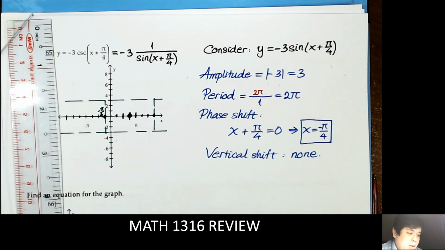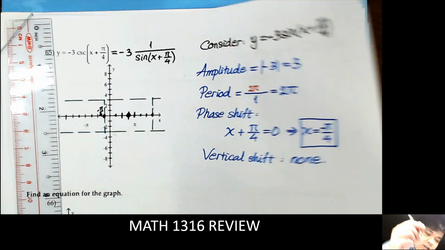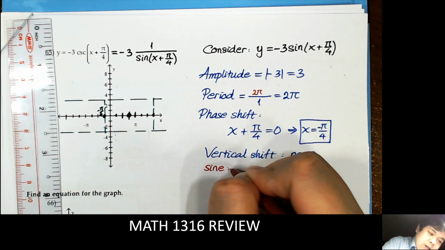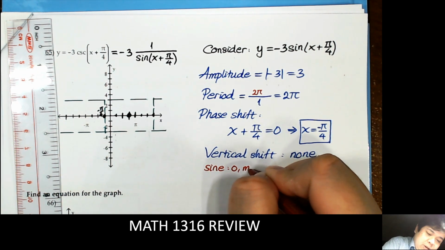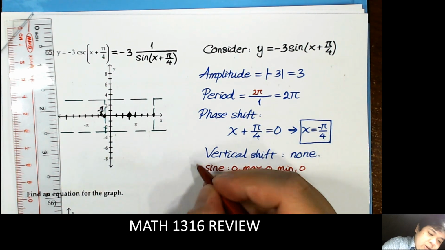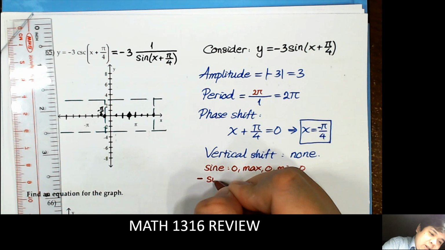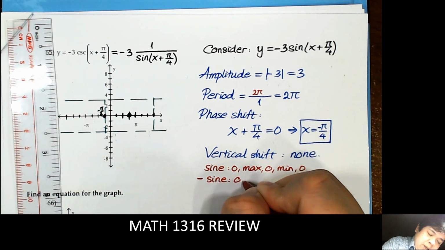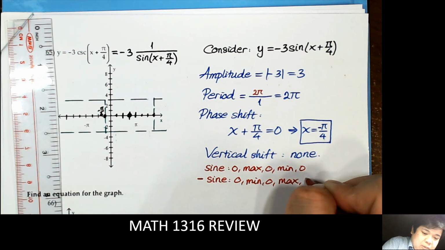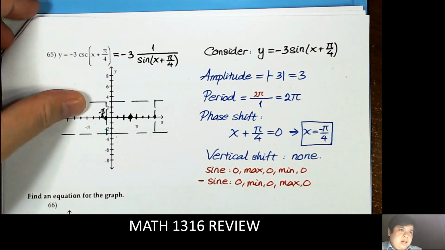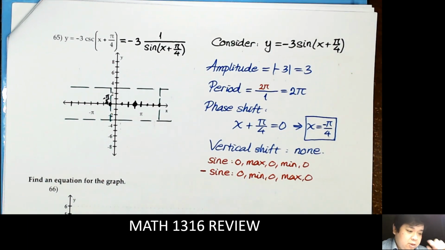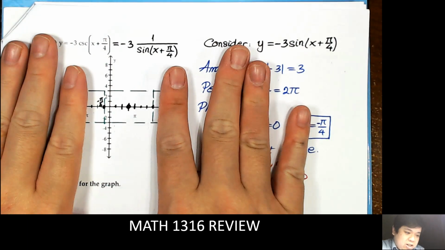The pattern of sine is 0, max, 0, min, and 0, and the negative sine is 0, min, 0, max, back to 0. I think on 65 we only need to graph 1 cycle.